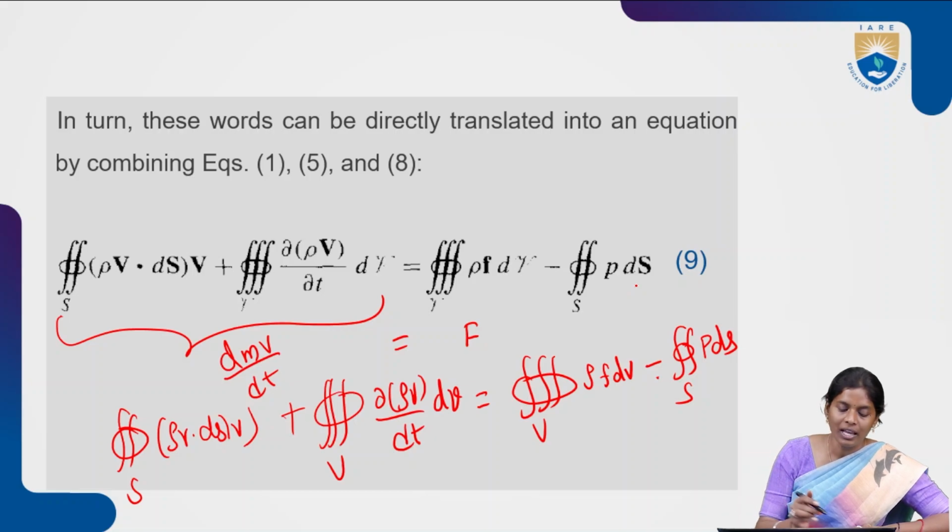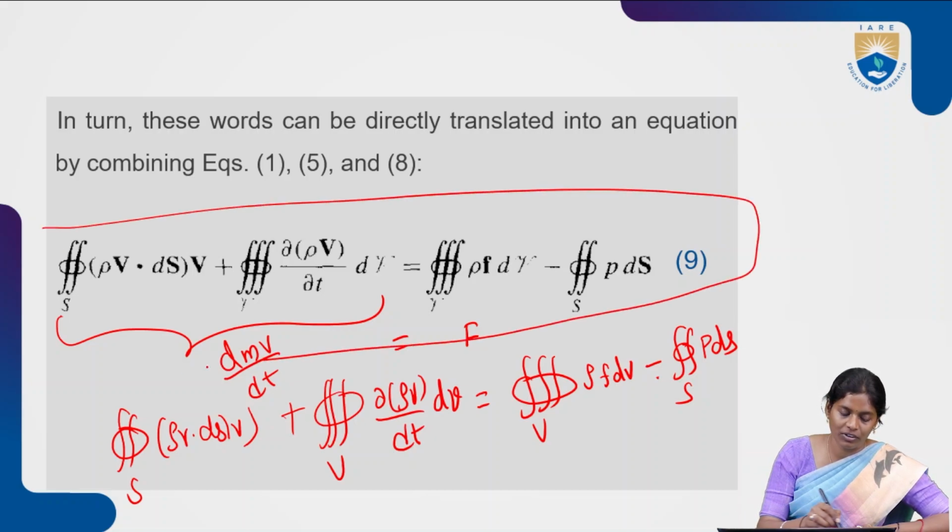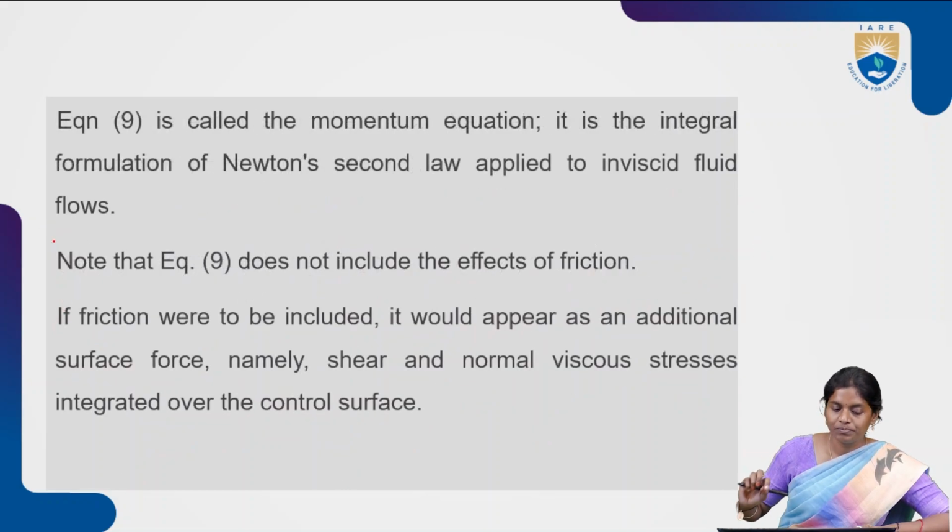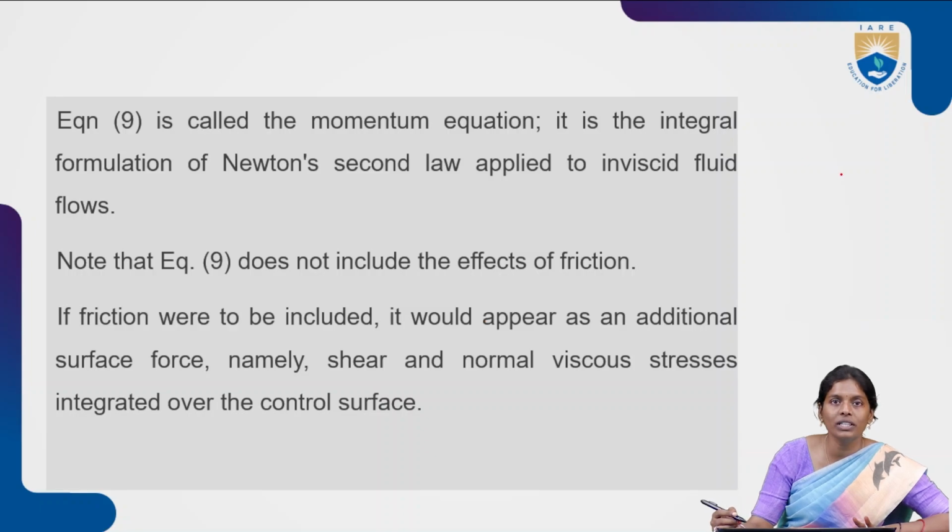This is the entire momentum equation. The equation we have is applicable for inviscid flows, where we consider body forces, and for surface forces we consider only the pressure forces, because we are dealing with inviscid flows.